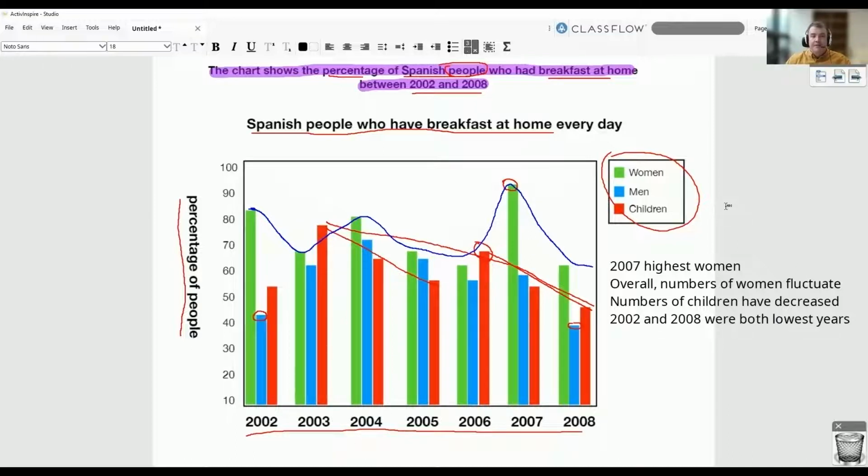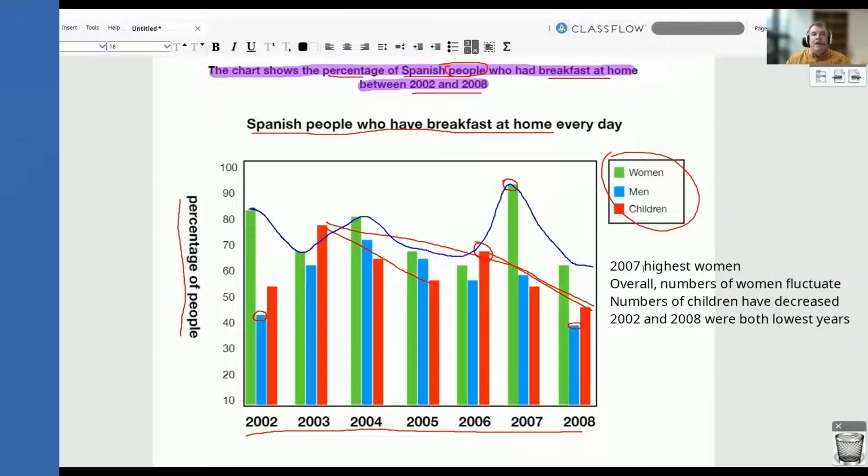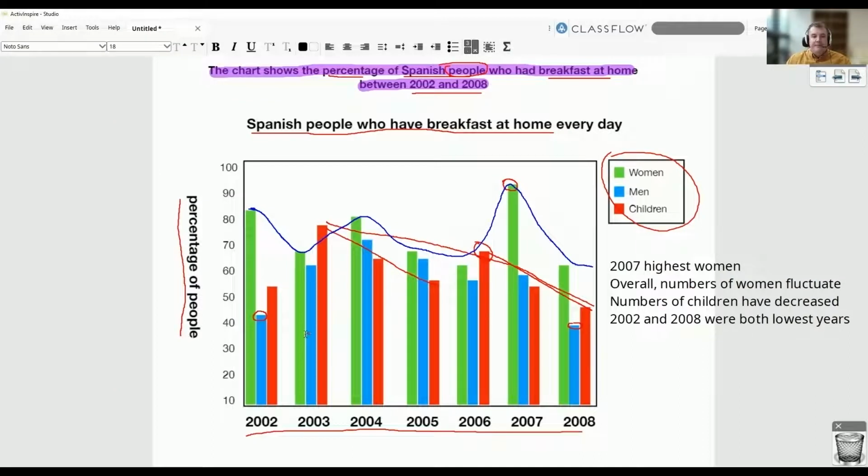You need to practice doing it many times in order to become fast and familiar with how to do it. But the way I suggest you do it: look at the title, understand the title, look around the graph to find out what information is included. Okay, what are you going to have to report?